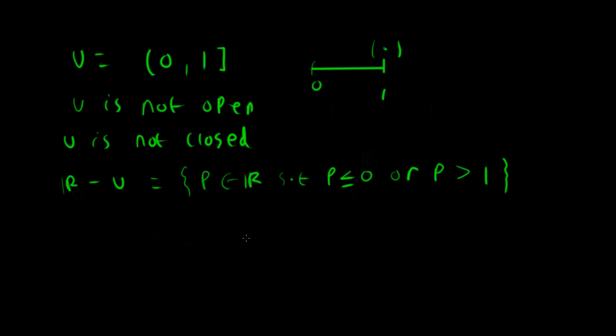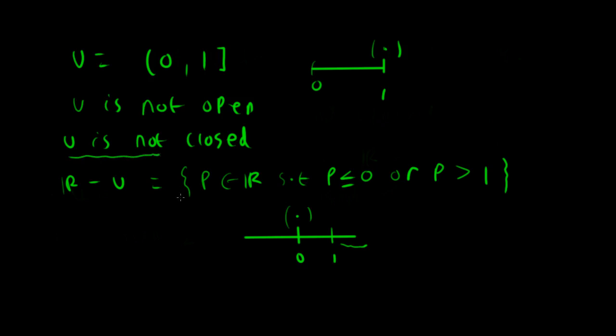So if I draw this, we've got 0 here, and 1 here. So we're looking at everything larger than 1 and everything less than or equal to 0. But if I pick 0, I can't fit that interval in, because now I've gone back into here. So this set is not open, and therefore U is not closed.